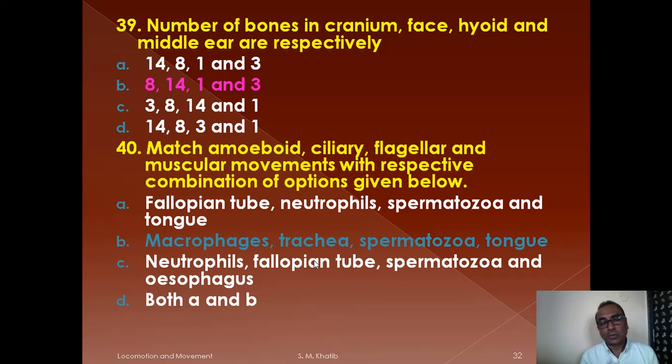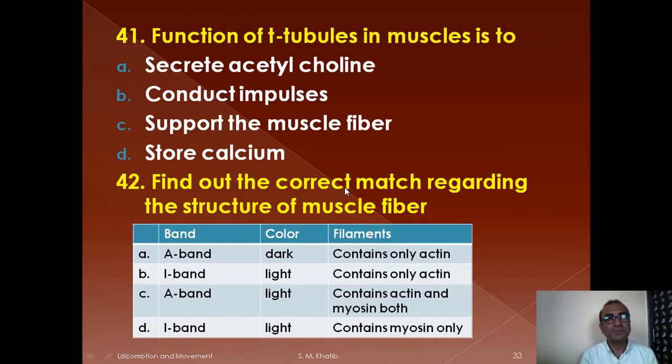To confuse you, they will give it like that many a time. So here A cannot be because fallopian tube has the ciliated columnar epithelia, so that is showing the ciliary movement, not the amoeboid, isn't it? So you have to match in accordance with this order of the structures given there. Okay, so B is the right answer. Let's go to the next question.